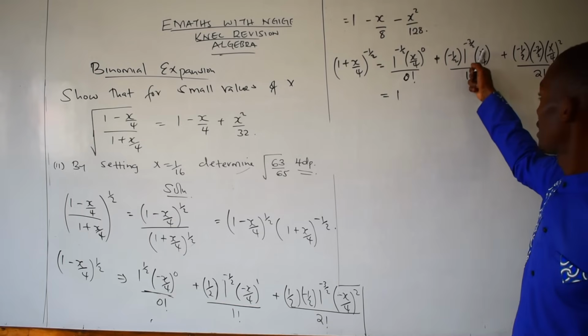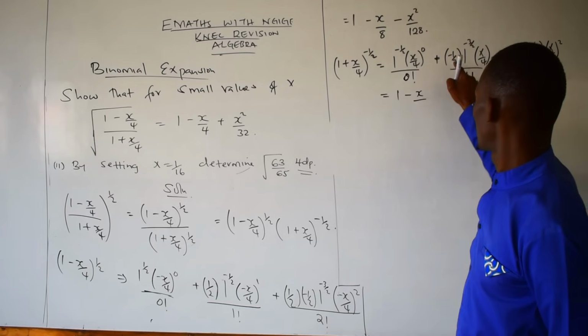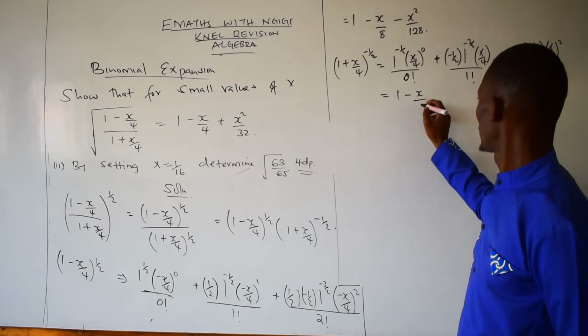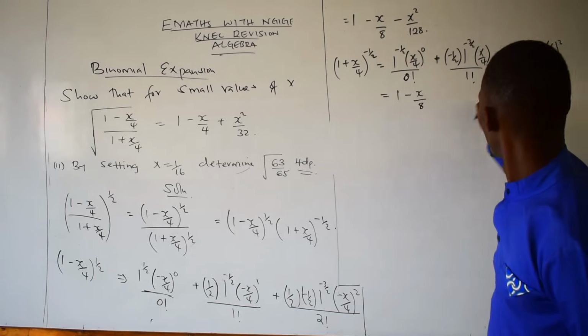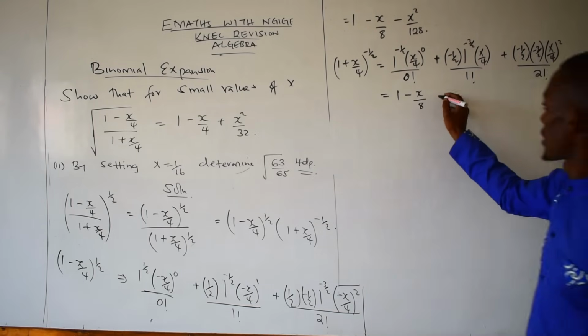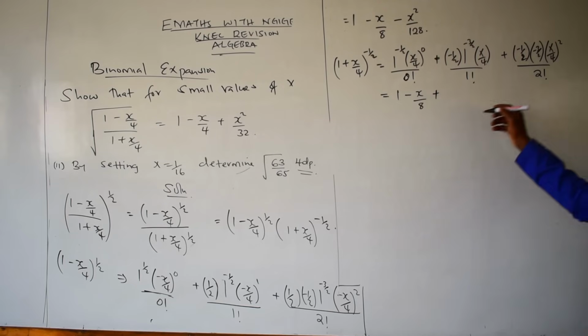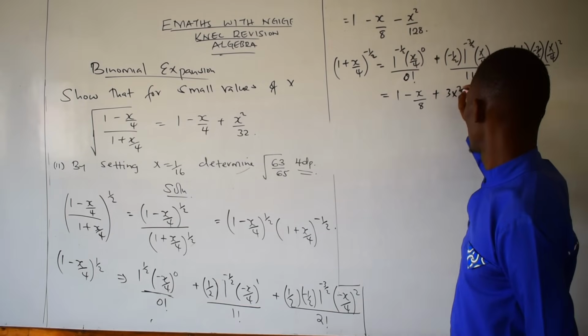Then you have negative a half and you have this, so this one will give you negative x over 2 times 2 times 1, which gives you 8. Then we have a negative and a negative here, becomes positive. So we shall have a positive here. Then multiply the numerator terms, negative 1 times negative 3, that is 3 times x squared, we have 3x squared.